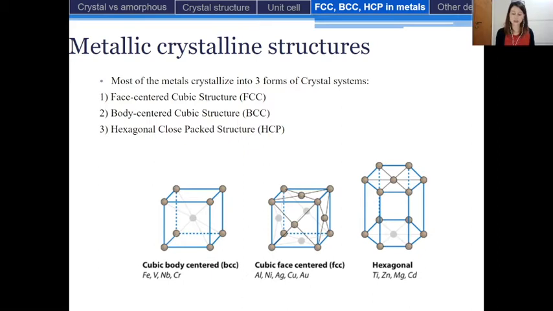Only polonium crystallizes in this simple cubic system, because this system is so rare, since packing atoms in this way does not lead to a very high packing density. So this is the reason why the simple cubic system is not common in metals. That's why we will not talk about the simple cubic system, and only about these three: the two cubic structures, the face-centered and body-centered, and the hexagonal close-packed structure.